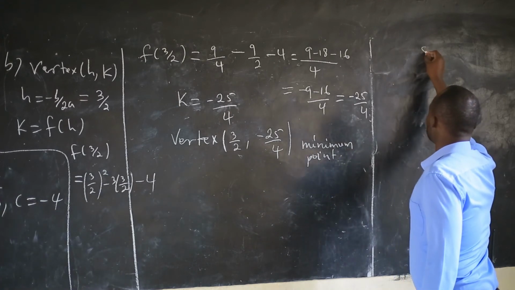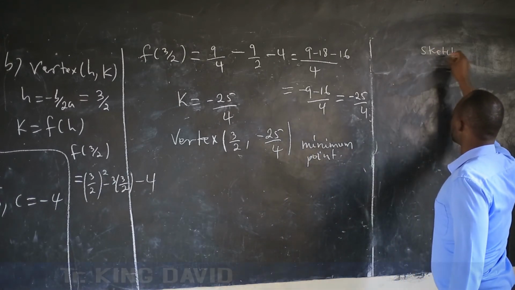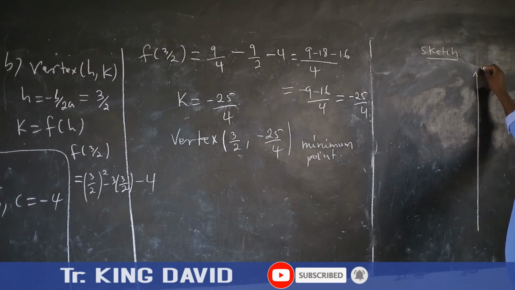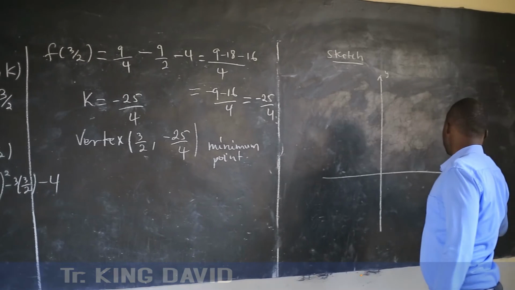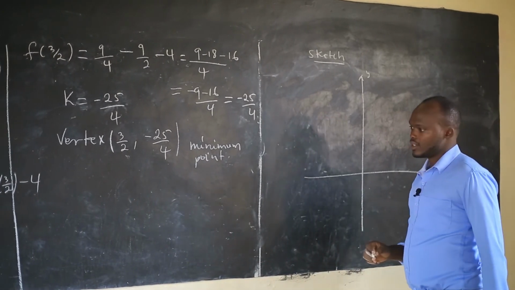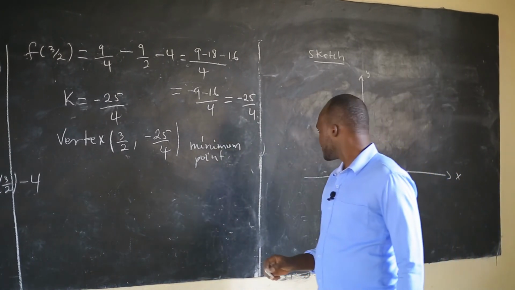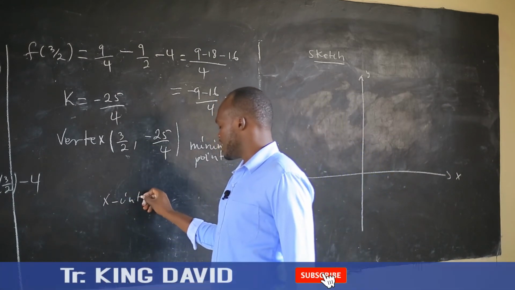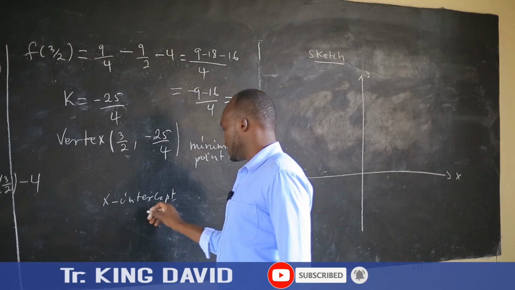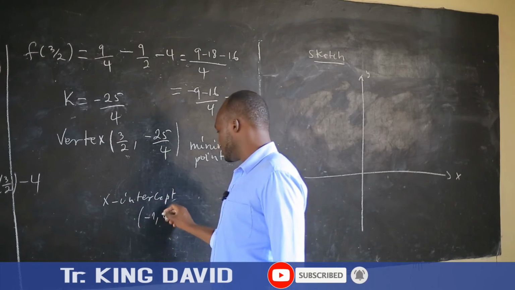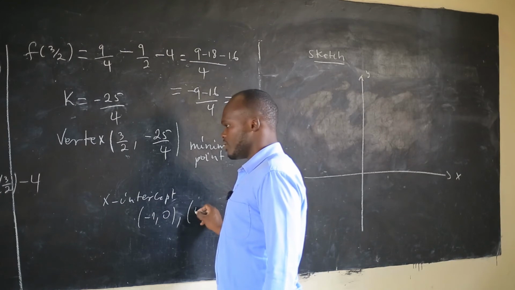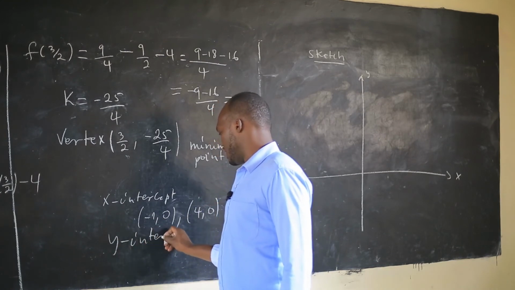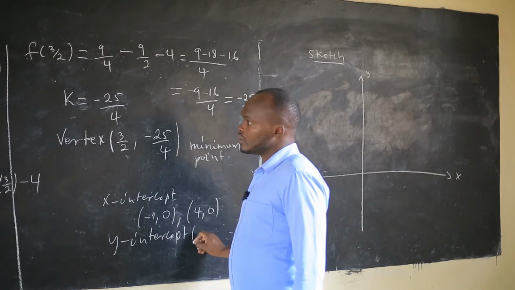So for sketching, we have the y-axis and we have the x-axis. Remember, we got the x-intercepts as (-1, 0) and (4, 0). We got the y-intercept, if you remember, as (0, -4).